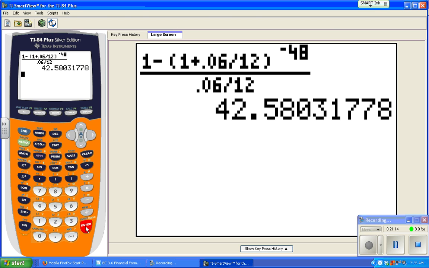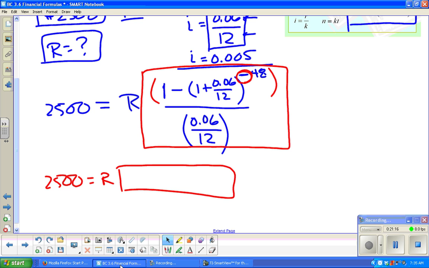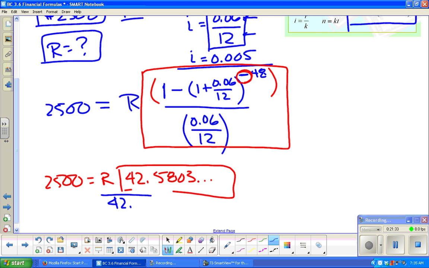Now, a quick little note to self. I'm going to pop back over to the other screen so we can remember what we just did. This is the 42.503 bunch of stuff. So now what I'm going to do is divide both sides by that number.